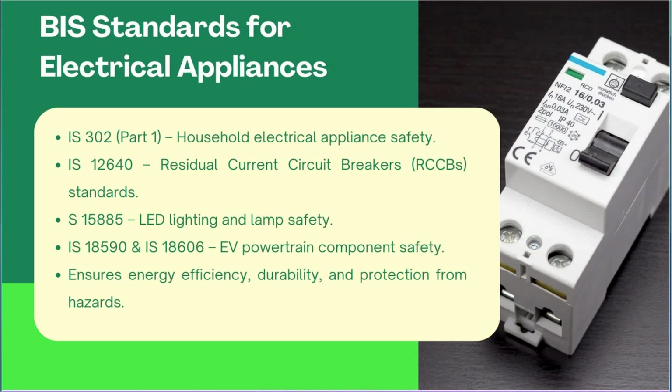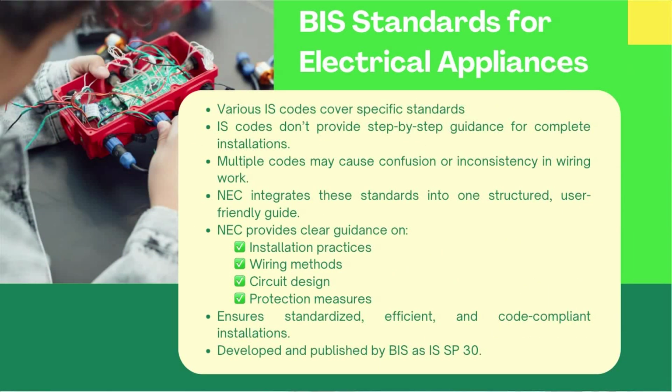and long lasting. Okay, so you have seen that we have various IS codes covering specific electrical products, materials and safety measures, like the IS code 732 for wiring, the IS code 3043 for earthing. However, these codes don't provide a step-by-step guide for carrying out electrical installations.